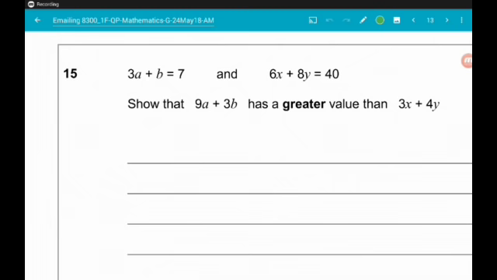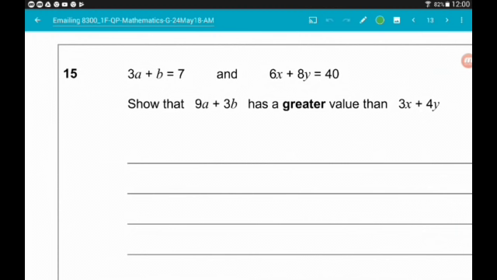Question 15. We're told 3a add b is equal to 7 and 6x add 8y is equal to 40. We want to show that 9a add 3b has a greater value than 3x add 4y. Okay, so we know that 3a add b is equal to 7. Can we spot anything about 9a add 3b, such as how we've got from 3a add b to 9a add 3b?